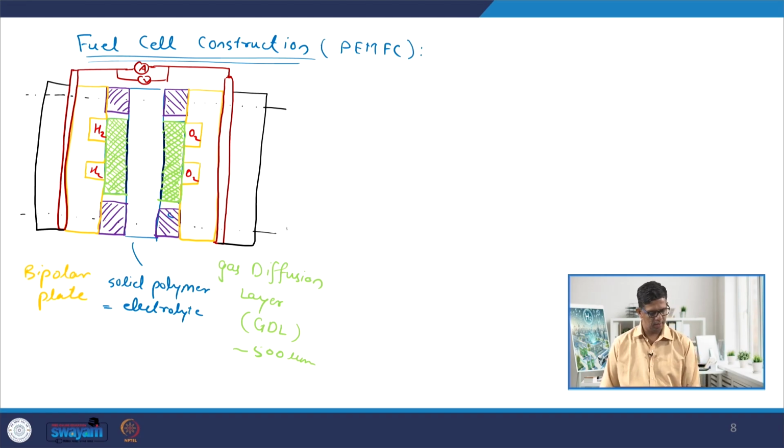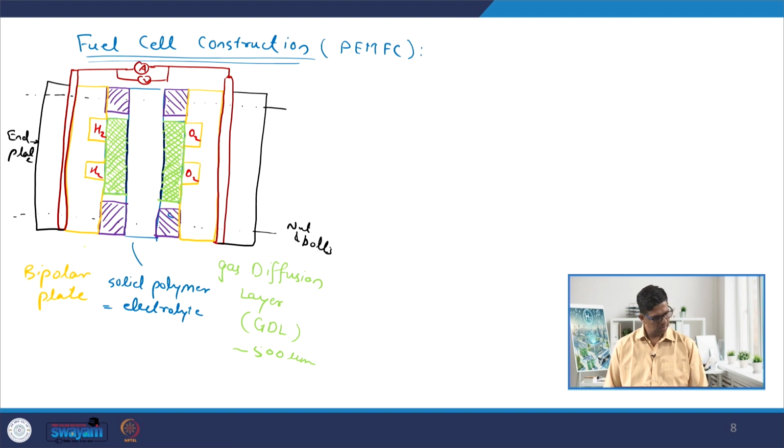So, here we have an arrangement to basically clamp the entire system, hold the entire system very firmly, and this is my end plate. Since it is at the very end, this is called end plate.